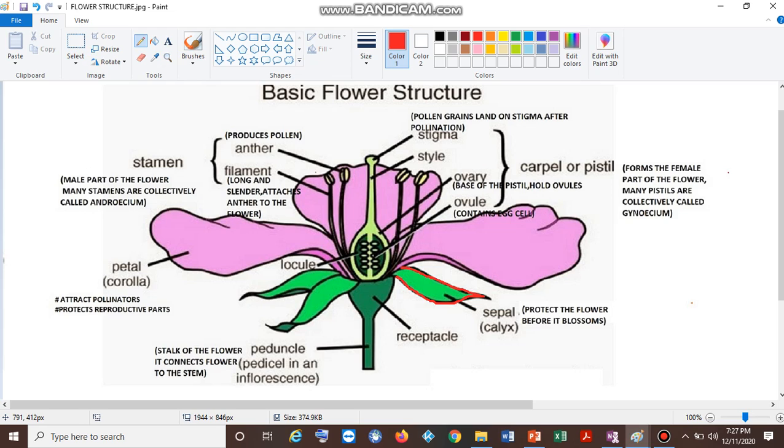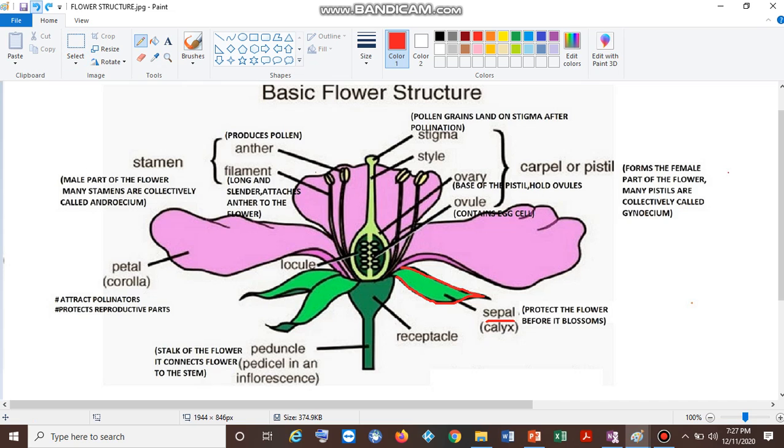So this green sepal part protects all the other inner parts. Now, what's the difference between sepal and calyx? Individual part is called sepal and a group of sepals is collectively called calyx.